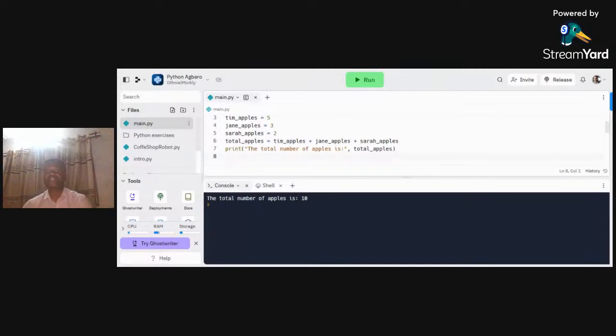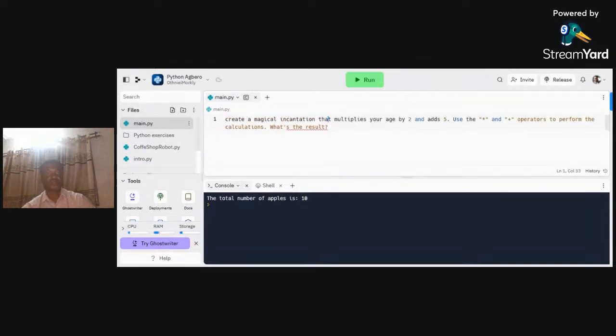Here's another exercise. That exercise says that you should create a magical incantation that multiplies your age by 2 and adds 5. Use the asterisk and plus operators to perform the calculation.